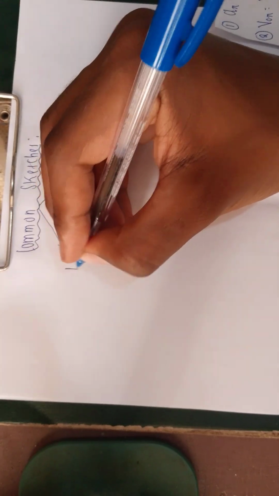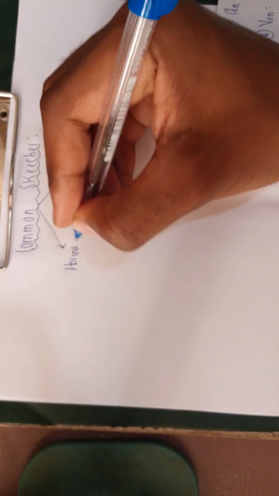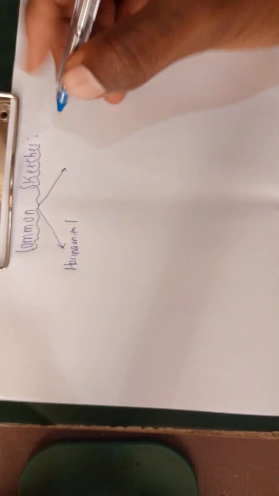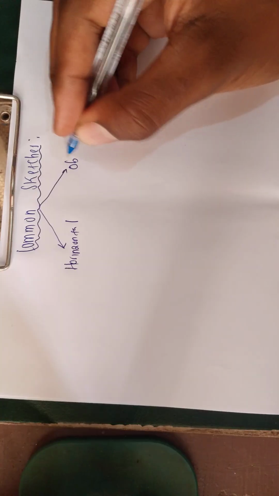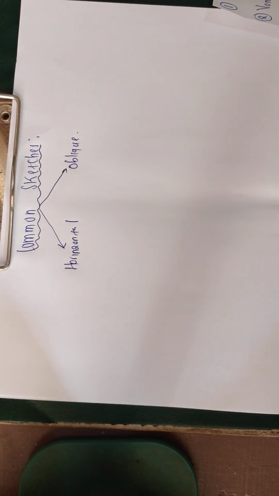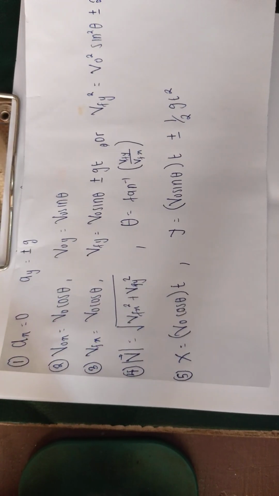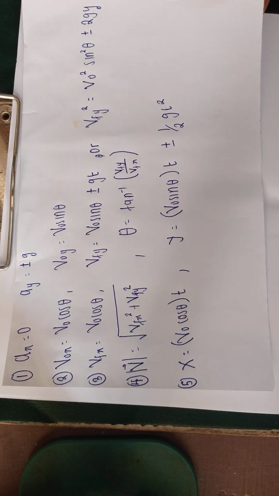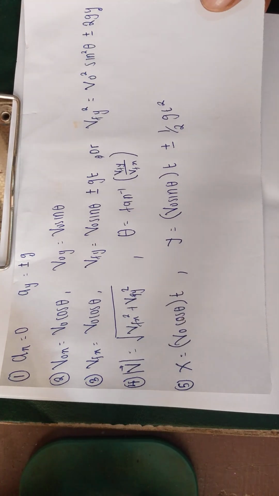Now, when you look at the common sketches, there are mainly two types of projectile motion. You can have what is known as your horizontal projectile motion. You also have what is known as your oblique projectile motion. But either horizontal or oblique, the formulas that we'll be applying are the formulas from the previous video, these ones here.